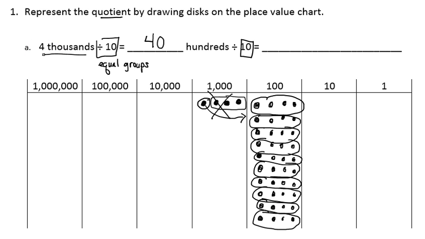Now our quotient, or the answer to our division problem, is how much is in one group. Well, in one group I have 4 discs. Each disc is worth 100, so my answer is 400. 4 thousands divided by 10 is equal to 400.